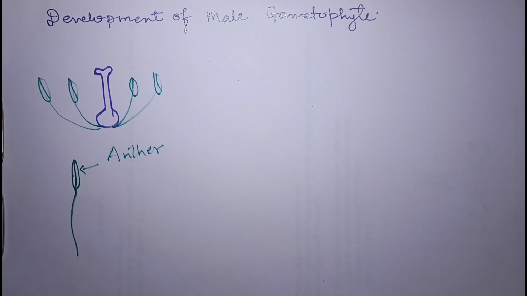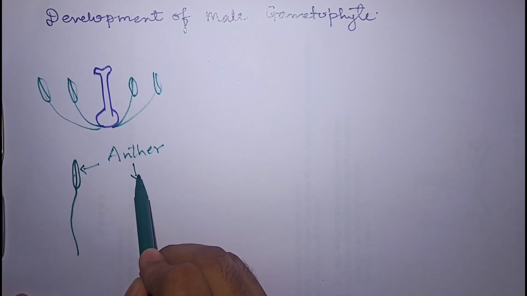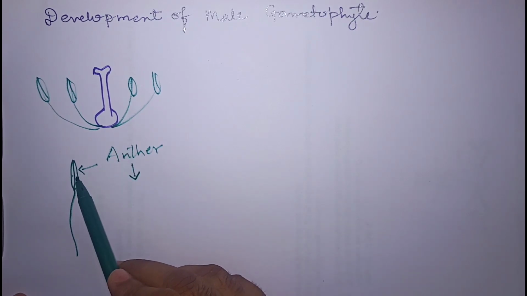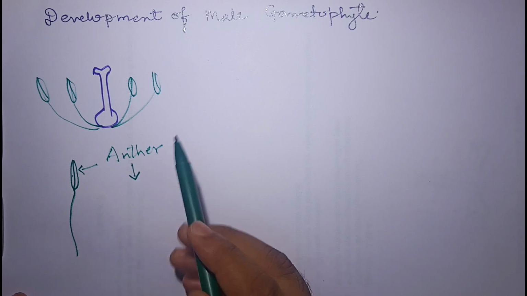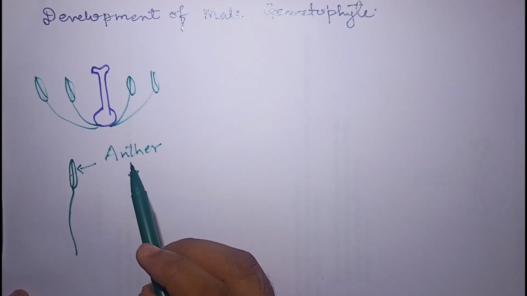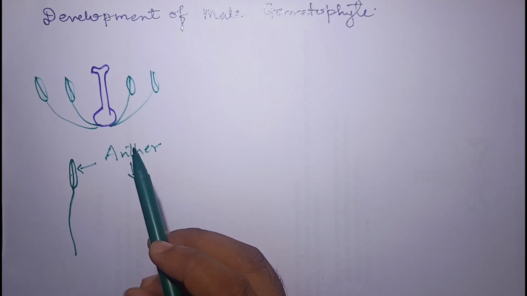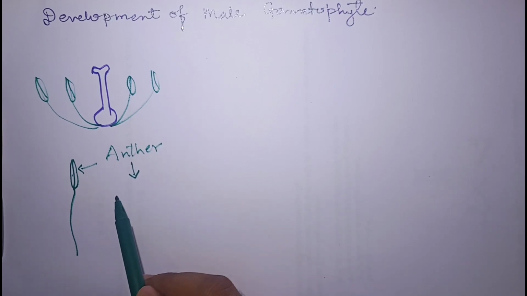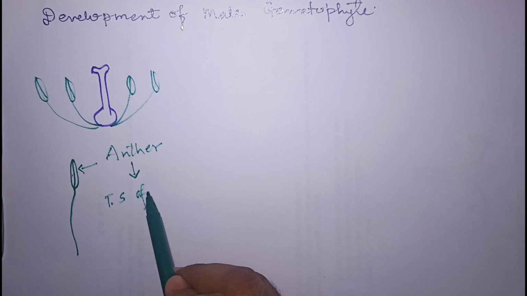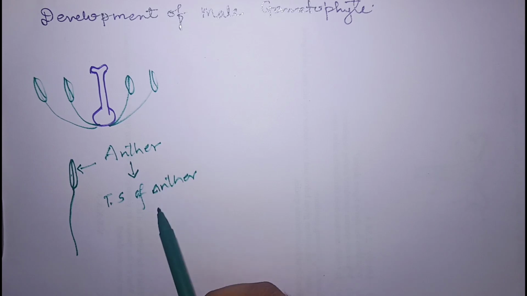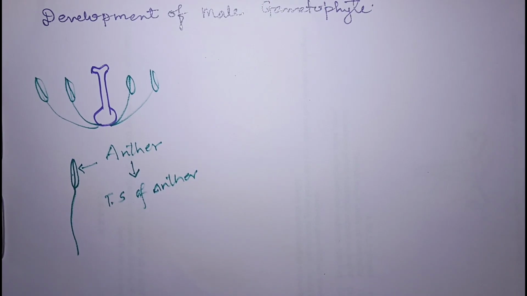Now in this anther, an important process by which the pollen grains are formed, that process we call microsporogenesis. So today we are going to study microsporogenesis, and along with that we are going to study TS of anther, like what are the materials present inside the anther.